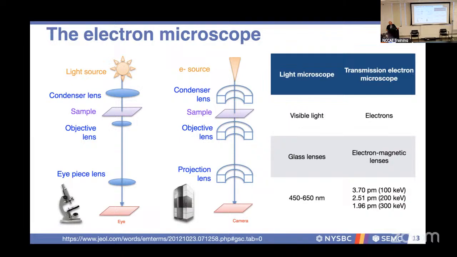With visible light, you might have wavelengths on the order of several hundred nanometers, and if you use super resolution techniques, you might get somewhere around a couple hundred nanometer resolution. Electrons, we are in picometer wavelengths.